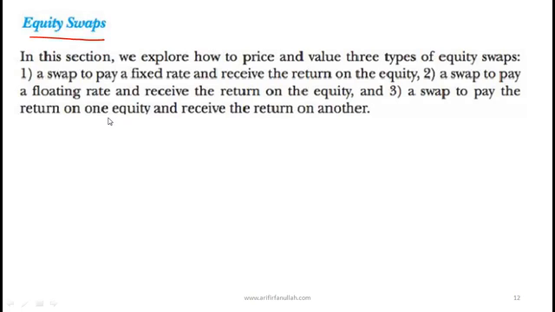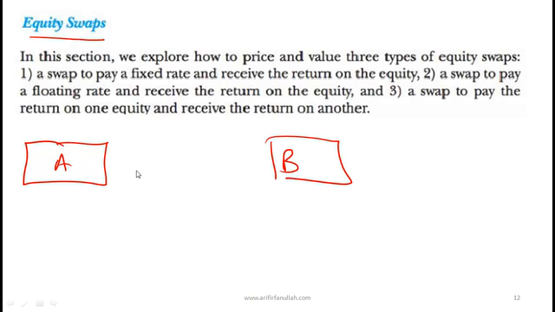Okay, so I'll just give you a very simple example. There are two parties, party A and party B. In a simple equity swap, party A might pay a fixed rate, and for simplicity, we'll just say the rate is 5%.